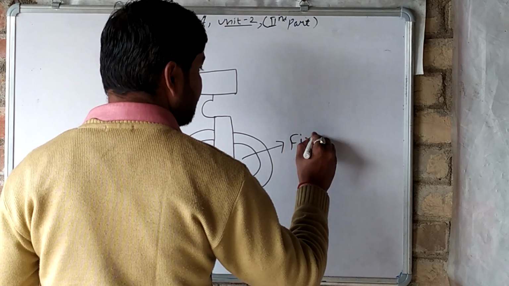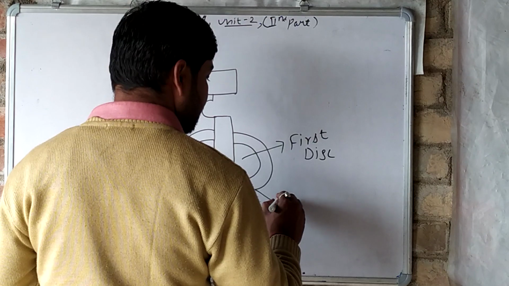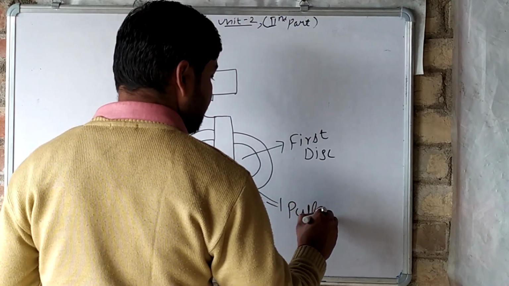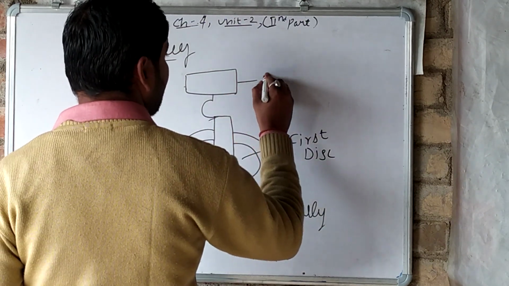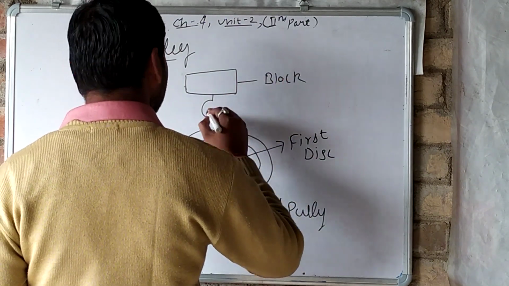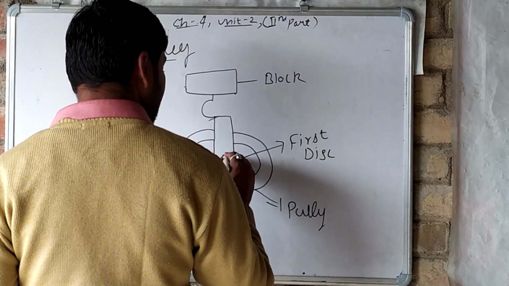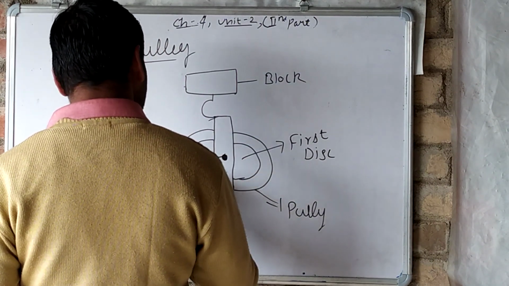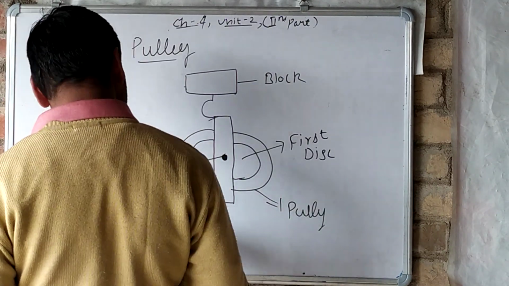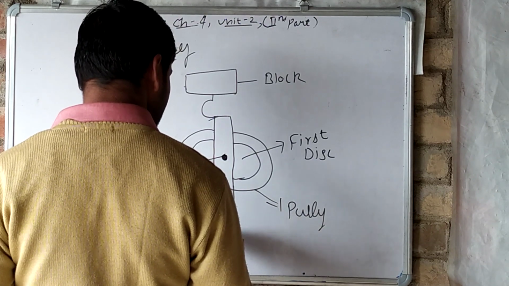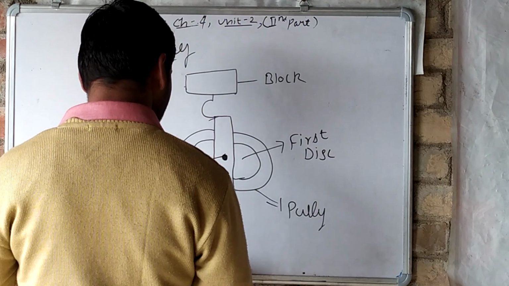This is the pulley. This is the block by which this hook is attached. Here we will have the axle, and here also we will have a hook on which the load is suspended.